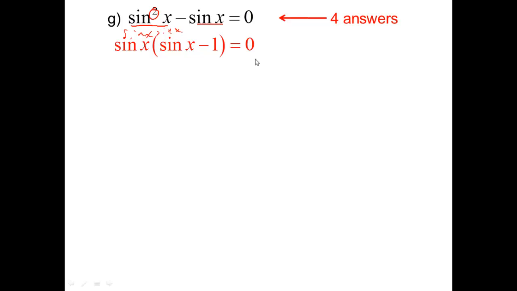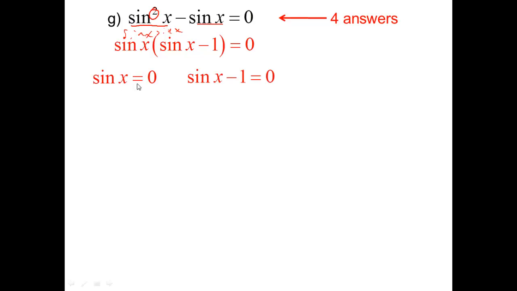And when I factor out sine, that leaves a single sine on this guy minus a sine, take away a sine, that just leaves a 1 behind. So I have sine of x and sine of x minus 1 equal to 0. So we can set each factor equal to 0 just like we normally do when we factor. And now I can solve these two linear type examples separately.